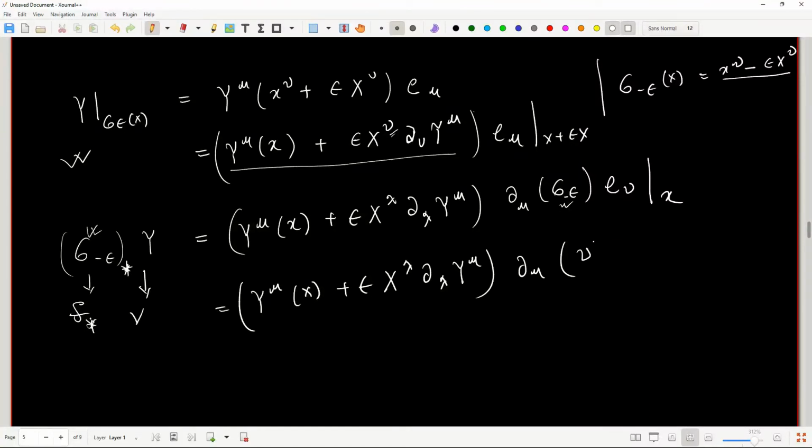Now let's write it like this, x nu minus epsilon x of nu, and all these quantities are evaluated at x.